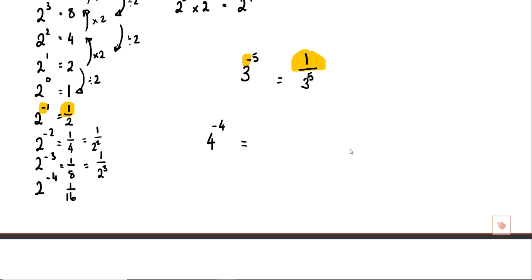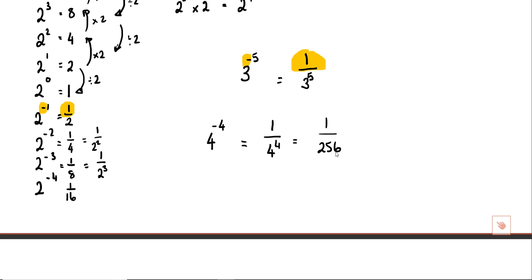It would be 1 over 4 to the power of 4 first, which would be 1 over 64. Sure? Oh, no. It's 16 times 16. So it would be 256. 256, that sounds better.